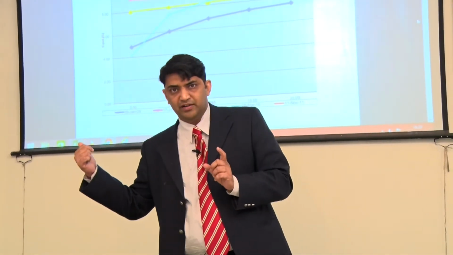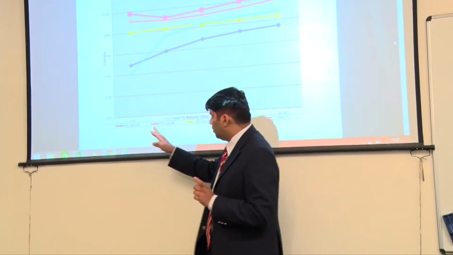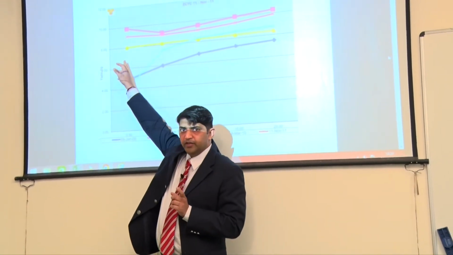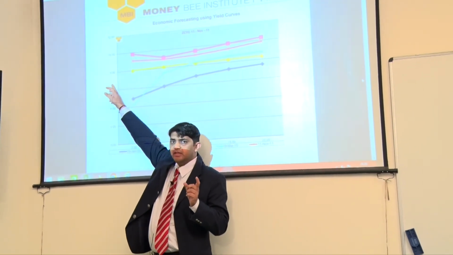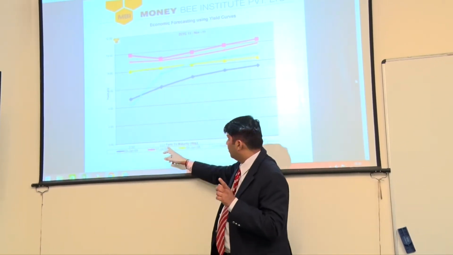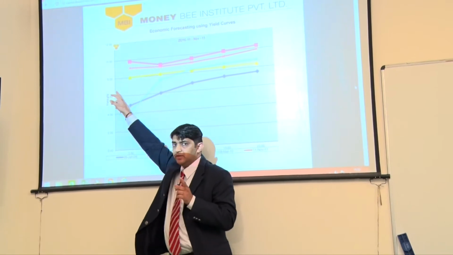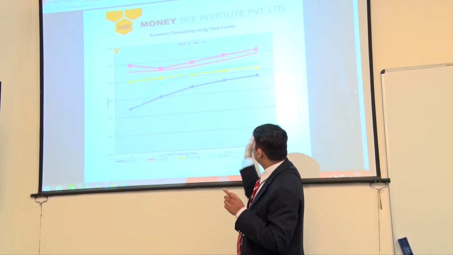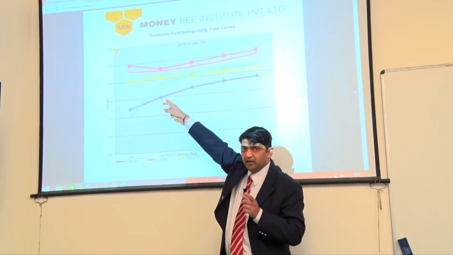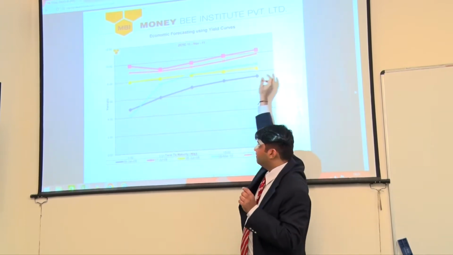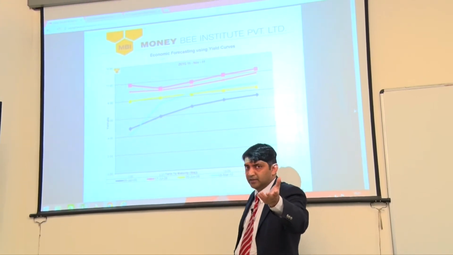We must have this clarification. So half year government of India bond has 8% YTM. 5 year paper also 8%, 10, 15, 20 also, you can see this is a horizontal line very close to the 8%. Now how does one interpret this?